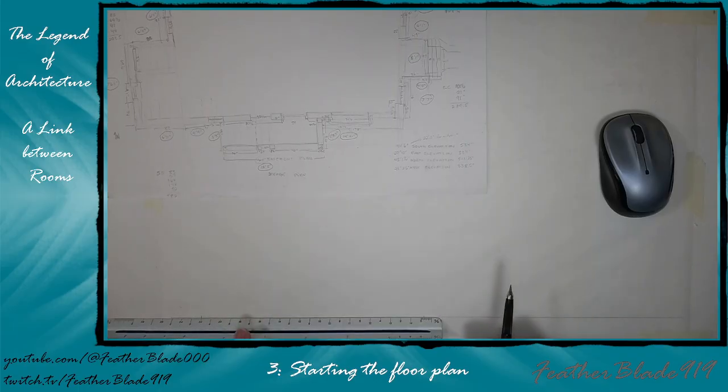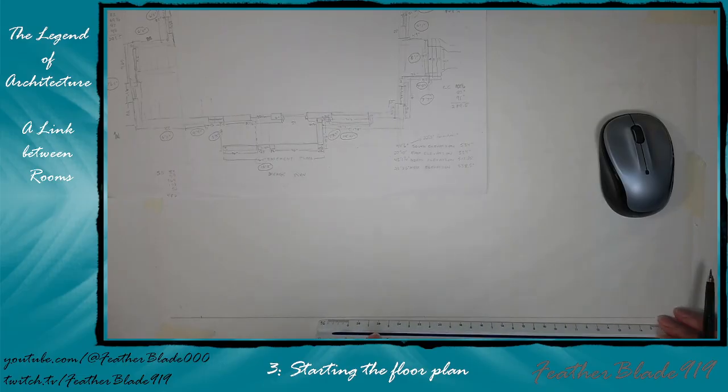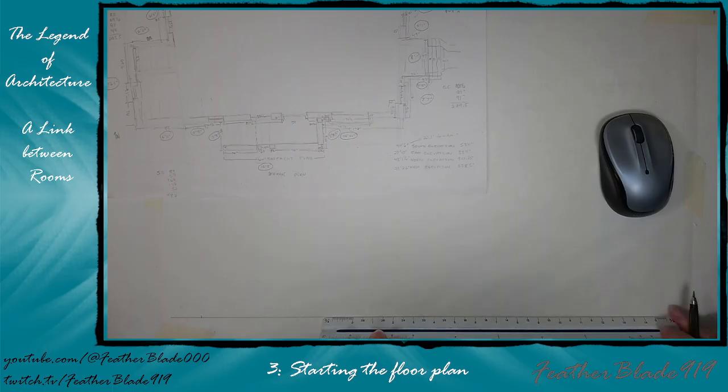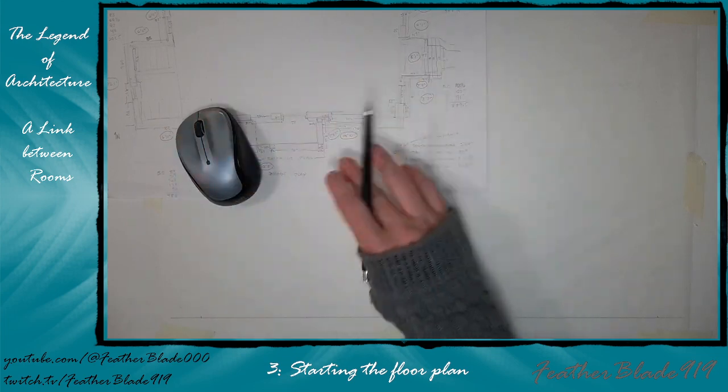That'll give us our 22 feet 3 inches. Then we can put this 22 there at the mark, and then put a mark on our line again at 3 inches. So 22 feet 3 inches, 22 feet 3 inches, for a total of 44 feet 6 inches.